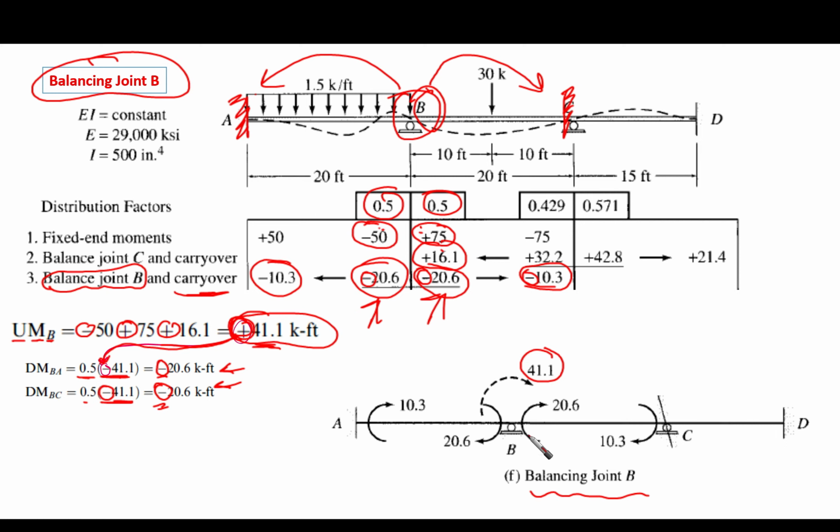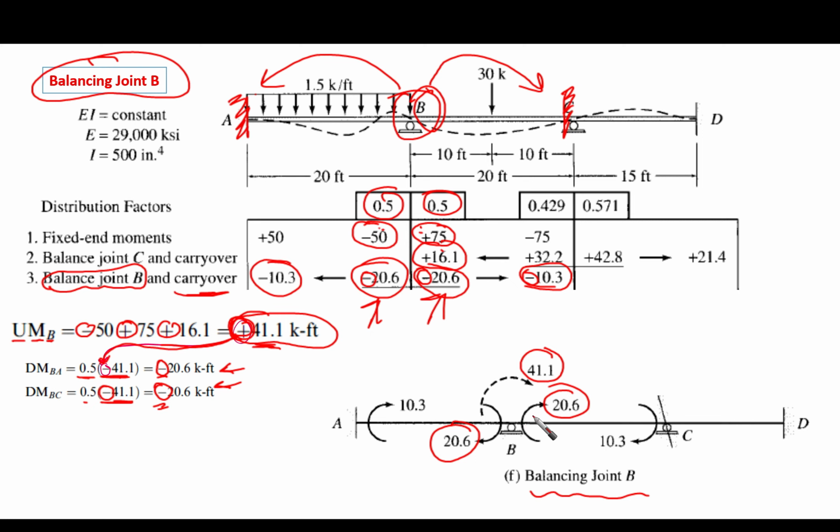So this means there are going to be two moments developed in order to resist this 41. They are going to be in the same sense, both of them in the same sense.